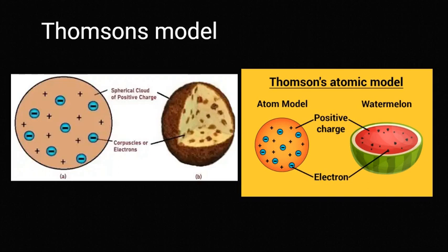It was also compared with a watermelon, where the whole red part is positively charged, and the seeds distributed throughout the watermelon are the negatively charged electrons. So we can compare the atomic model to the watermelon as well.